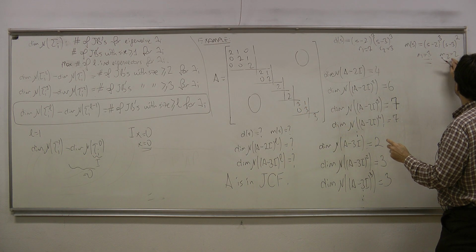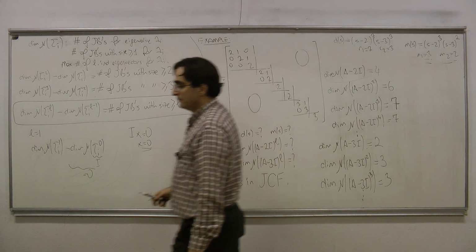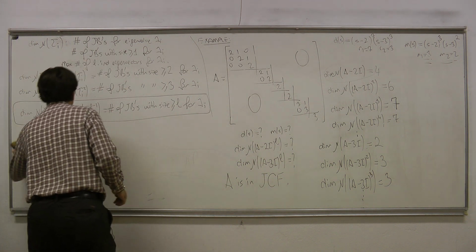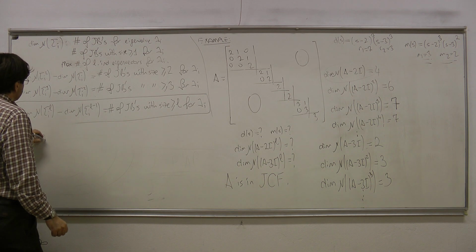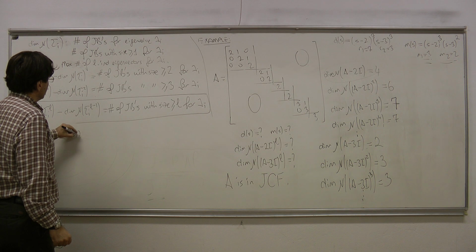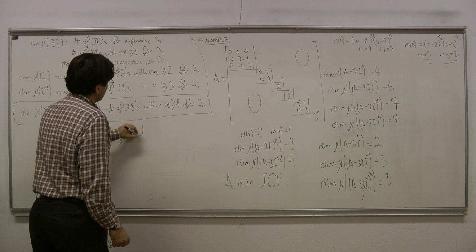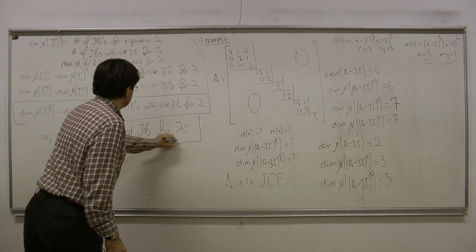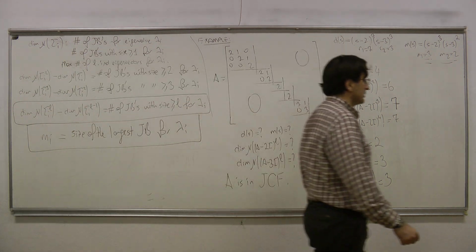That is why these minimal polynomial powers turned out to be 3 and 2. Okay? So here I can write an additional fact. And I can actually say here that MI is equal to the size of the largest Jordan block for lambda I. Okay? We have this fact about the minimal polynomial powers.